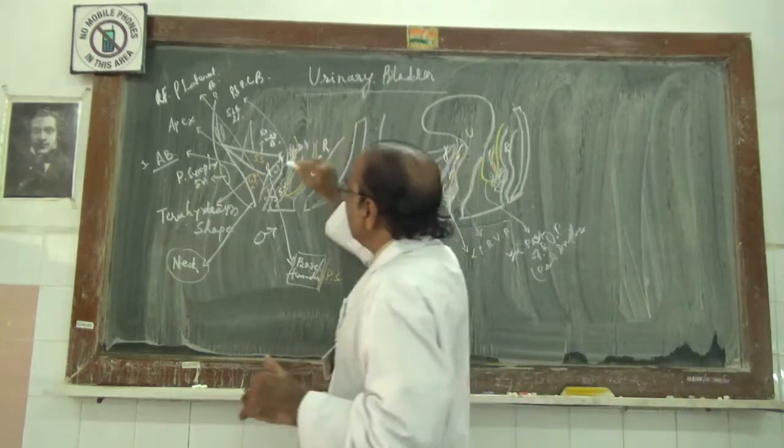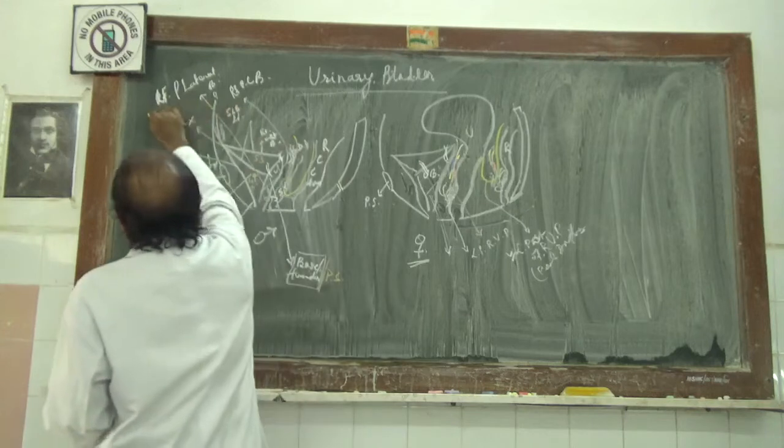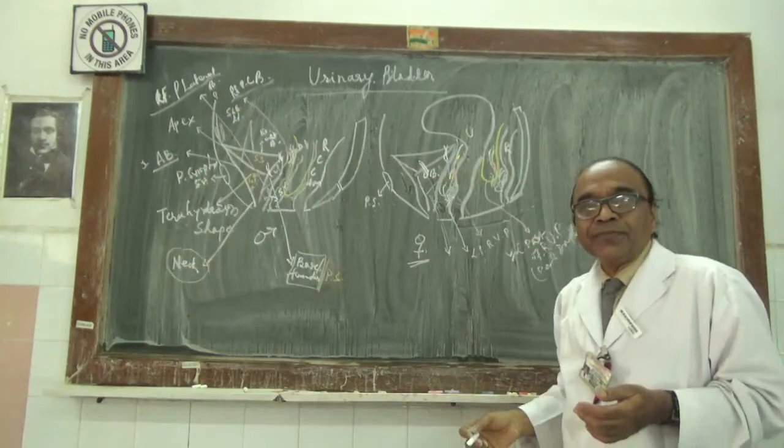So now you will have the other two borders, the left posterolateral border and the right posterolateral border.